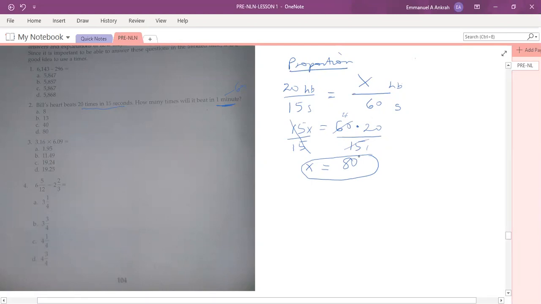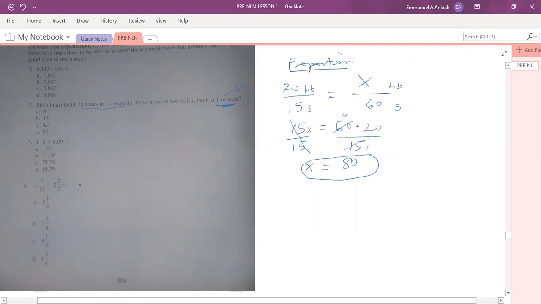For number 3, you can use your calculator since you're allowed to use it. I got C. Everybody had that with the calculator. Make sure you know how to use the calculator very well too.